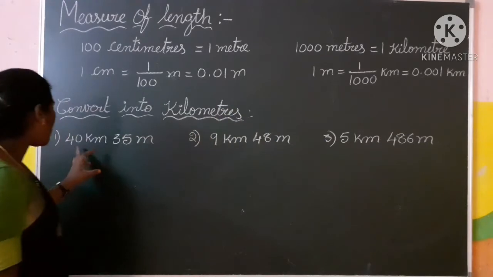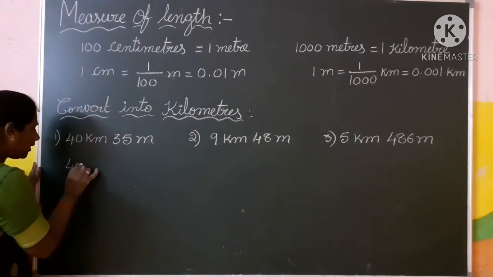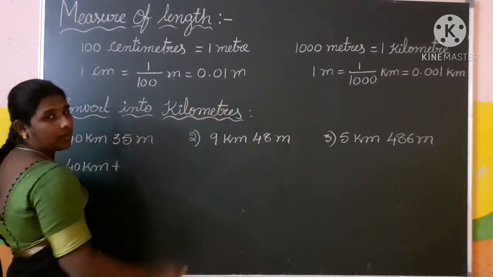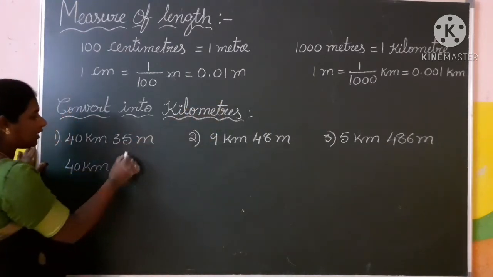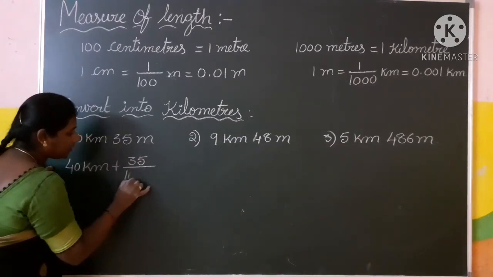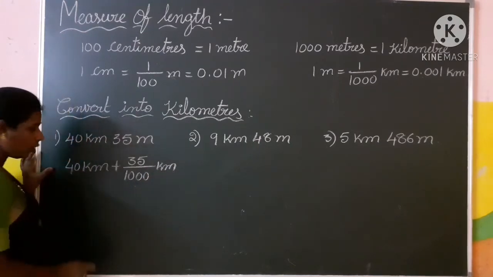So here first, 40 kilometer 35 meters. So 40 kilometer plus 35 meters. 1 meter is equal to 1 by 1000 kilometers, so 35 meters is 35 by 1000 kilometers.